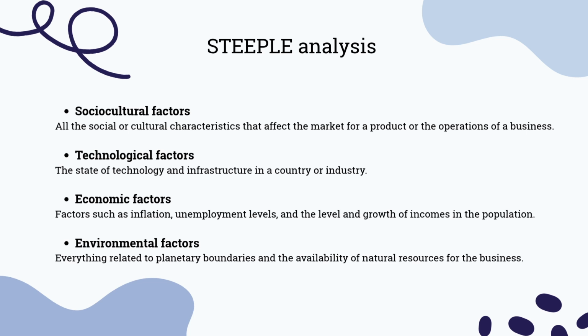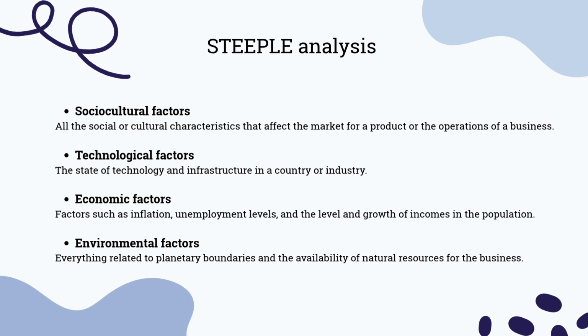Social factors are all social or cultural characteristics that affect the market for a product or the operations of a business. This could also include the age structure of the population or the dominant religion. Next is technological factors. It is the state of technology and infrastructure in the country or industry.